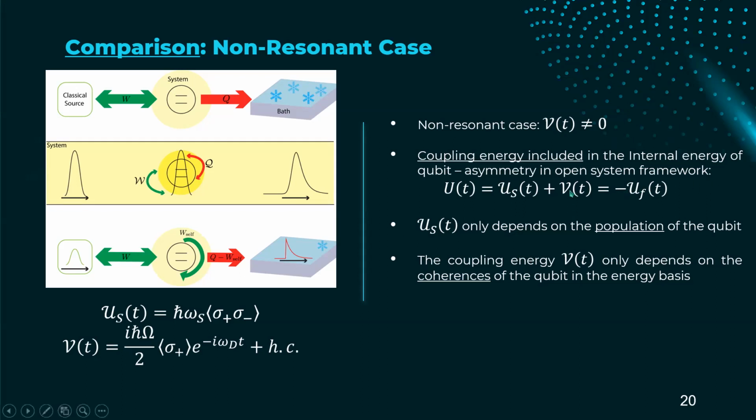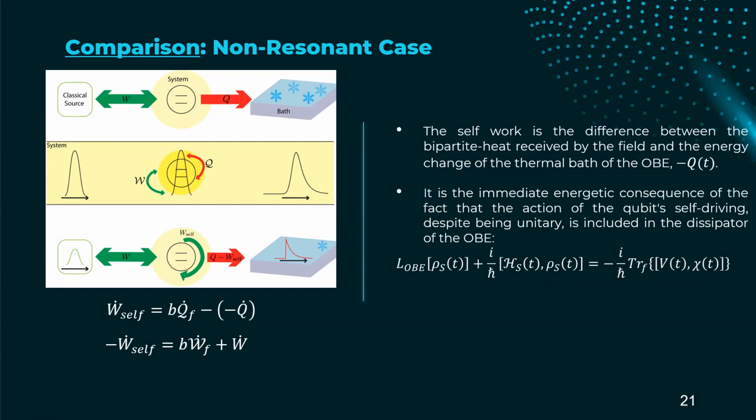It's okay. Yes. So the internal energy of the qubit, this is something I want to emphasize here. If you do the calculations, the internal energy of the qubit depends on the populations, the way you define in the bipartite approach, in this scenario at least. And the coupling energy only depends on the coherences instead. Okay, this will be important later.